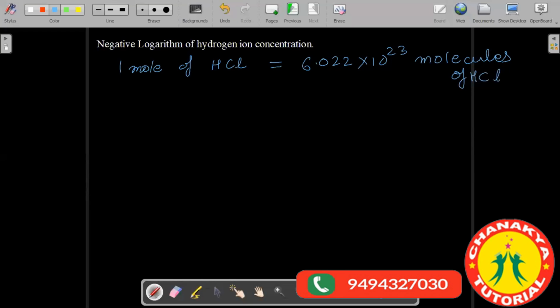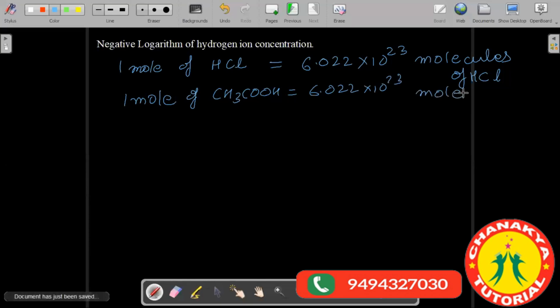If you have 1 mole of acetic acid, so 1 mole of CH3COOH would mean 6.022 multiply 10 to the power 23 molecules of acetic acid. Got it?